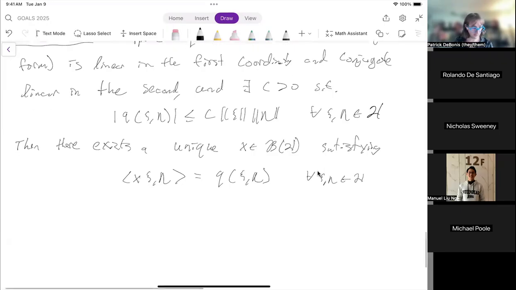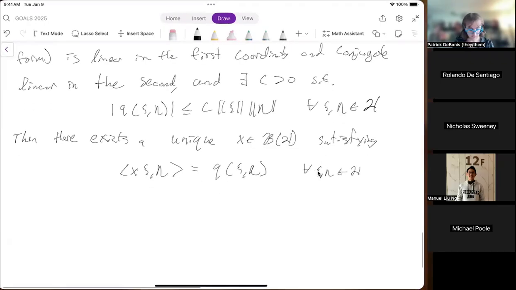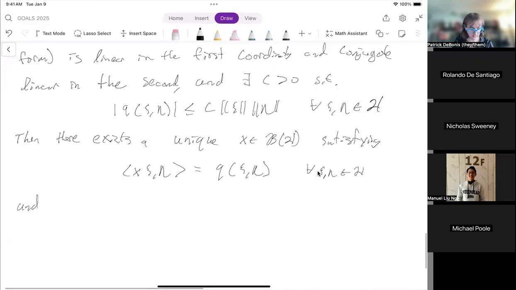That's the first property, and it should be bounded by this constant.